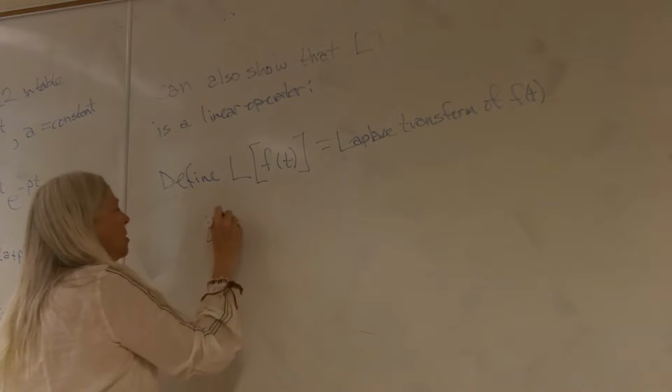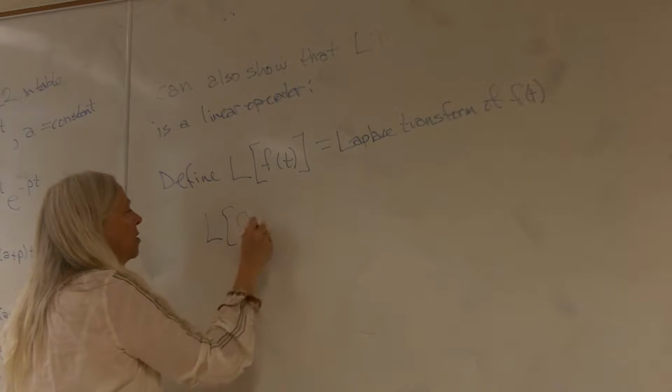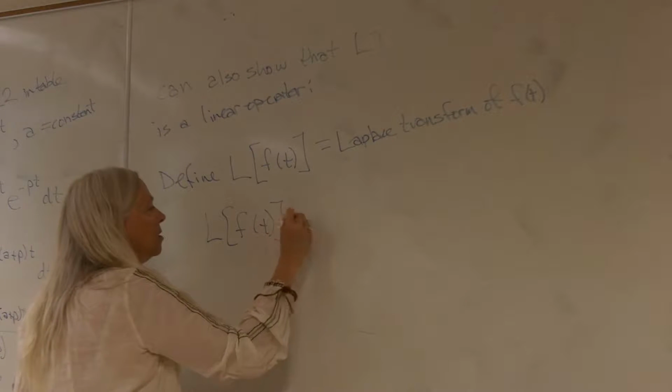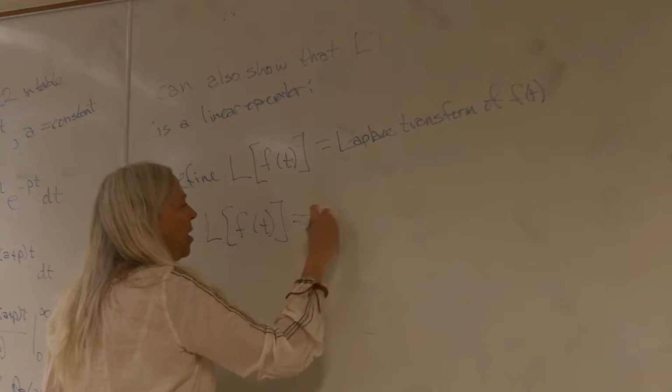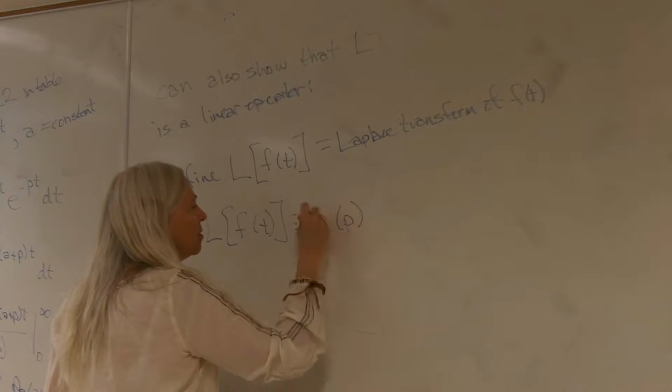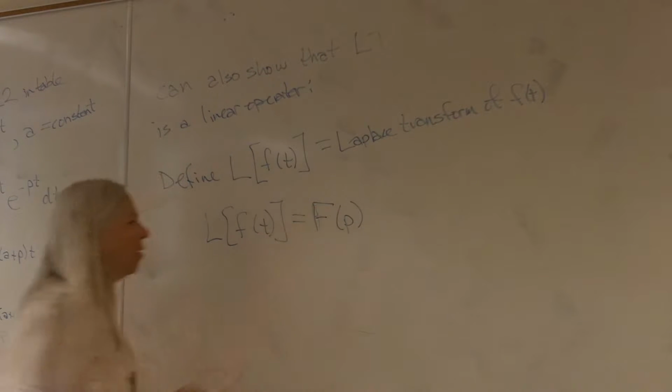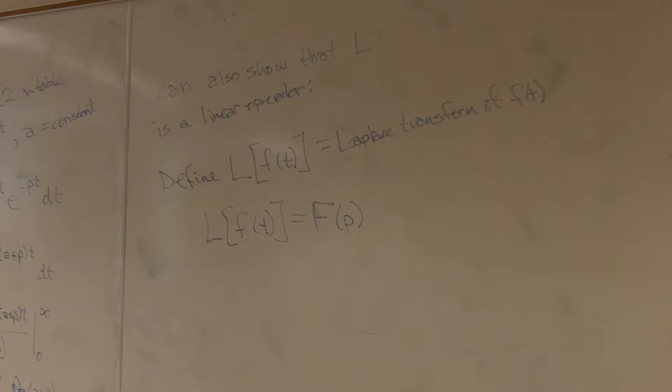In other words, L of f of t equals capital F of p. That was the notation we used for the Laplace transform over here, of course, with the capital F of p. So this is just a shorthand notation, basically, for writing out this equation right here.